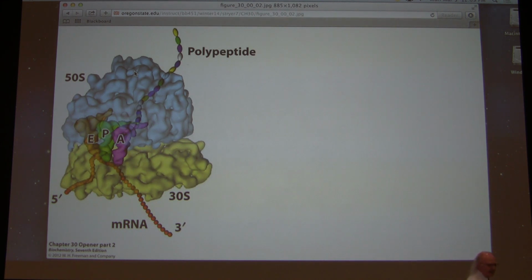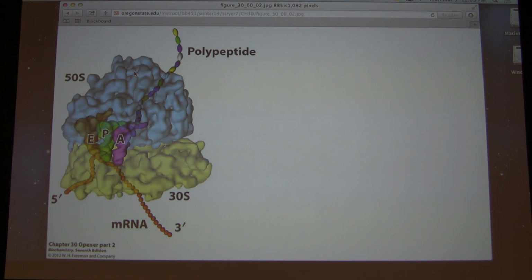What you see on the screen is a depiction schematically of the ribosomal units. There are 2 units, a 50S and a 30S. And since they're not proportional, neither are they additive. So if we look at the overall size of the ribosome here, it has a size of 70S. 50 plus 30 equals 70, right? Okay.